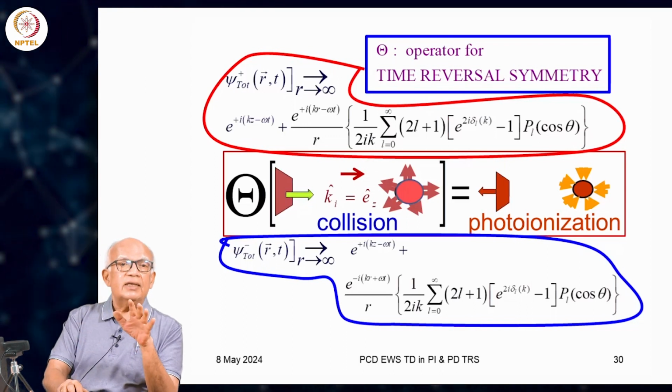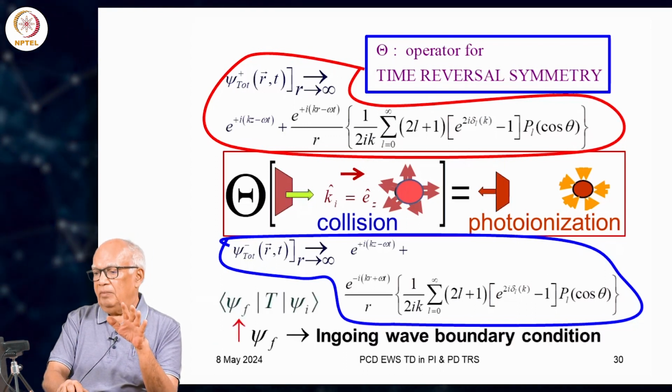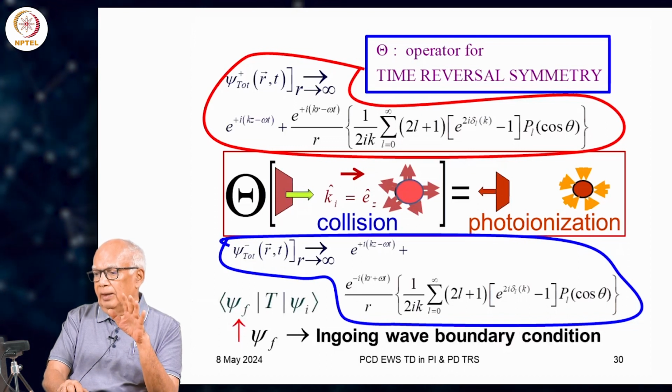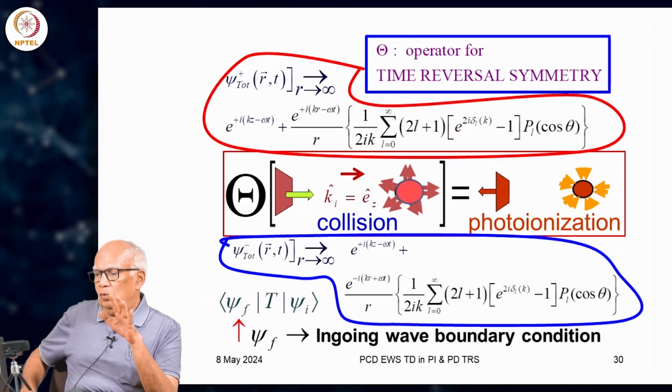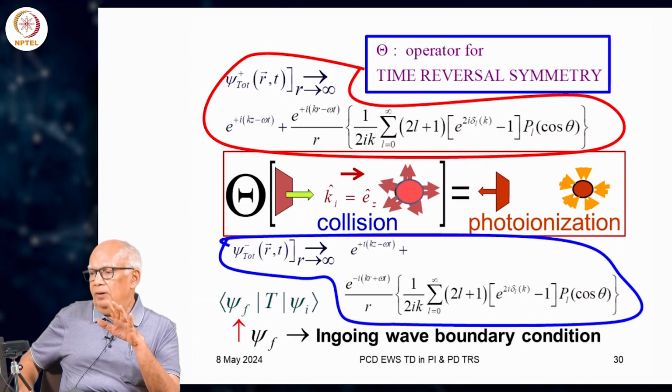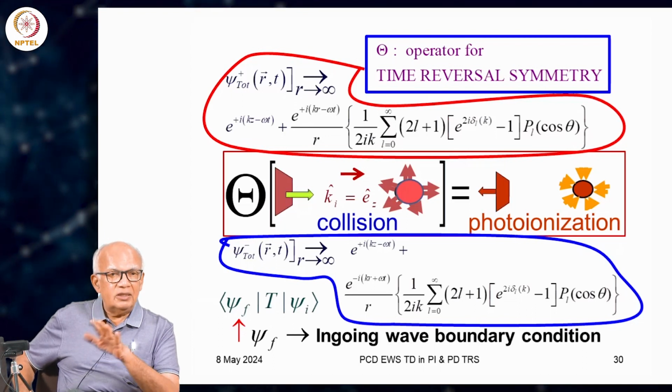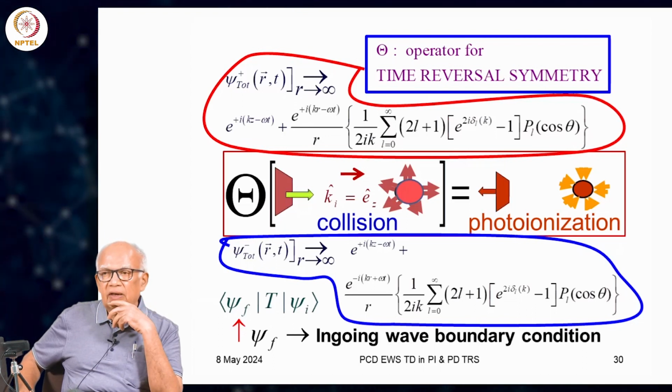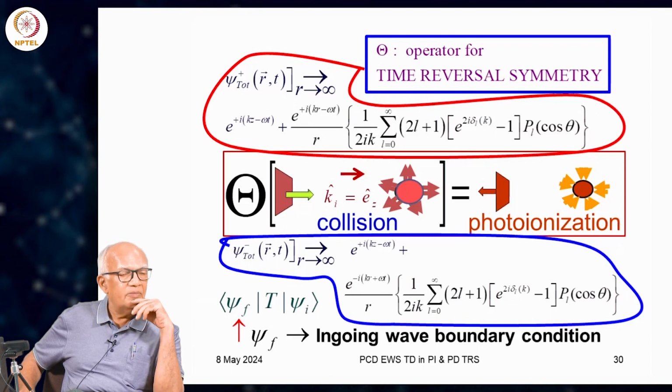So, everything is consistent and we can be happy, and this is the solution. Notice that it is not the same as that of the collision, it has somewhat similar form. So, one can be cheated into believing it is the same, but it is not.